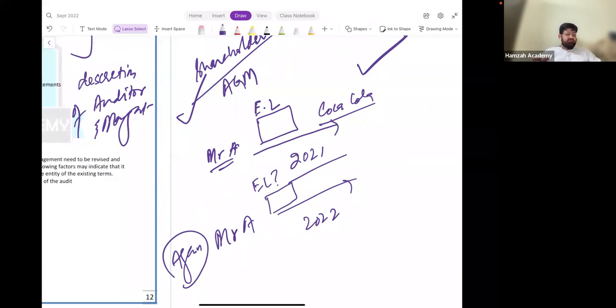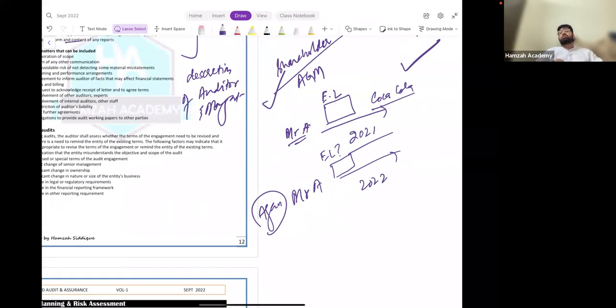The general answer is no, he need not submit. The same engagement letter, which was from 2021, will serve the purpose. He need not submit again. But there are certain circumstances when the engagement letter has to be revised.